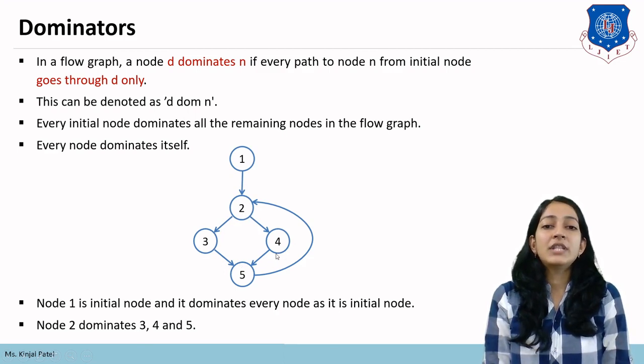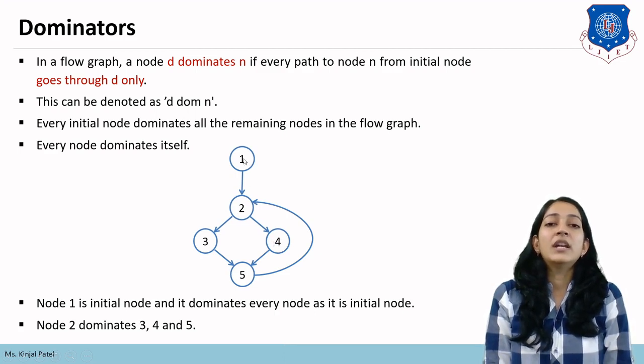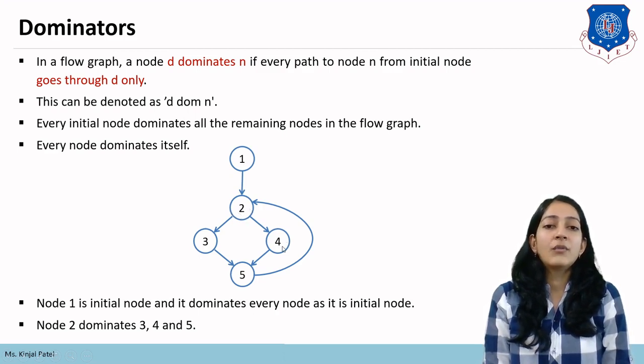Same way, for 4, we need to check that if there are more than 2 paths but all the paths go through 2, then we can say that 2 dominates 4. Here there is only one path from 1, and it goes through 2, so we can say that 2 dominates 4.